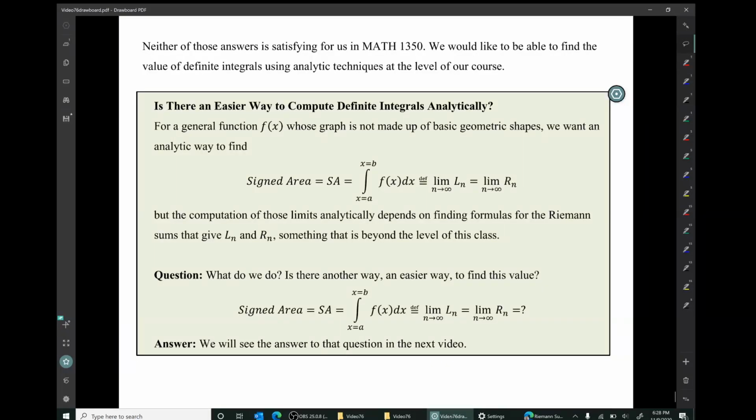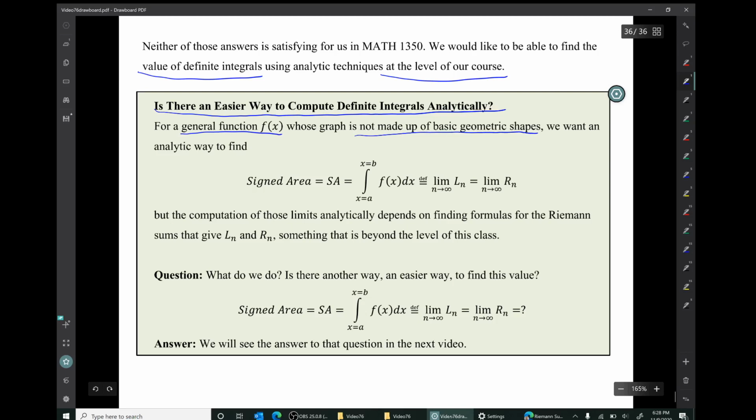So neither of those answers is very satisfying for us in Math 1350. We'd like to be able to find the value of definite integrals using analytic techniques at the level of our course. So the question is, is there an easier way to compute definite integrals analytically? That is, for a general function f of x whose graph is not made up of basic geometric shapes, we want an analytic way to find this signed area. It's denoted by that symbol.